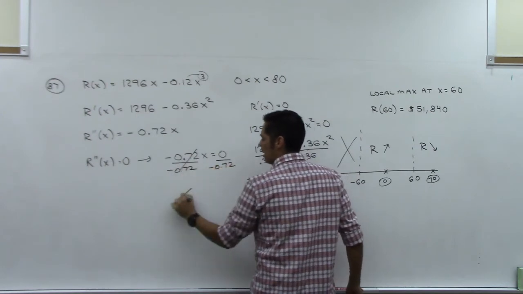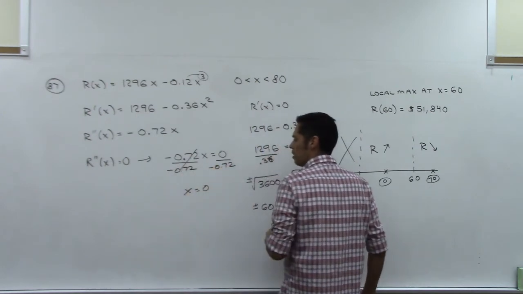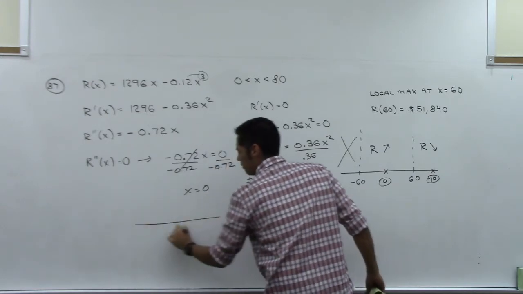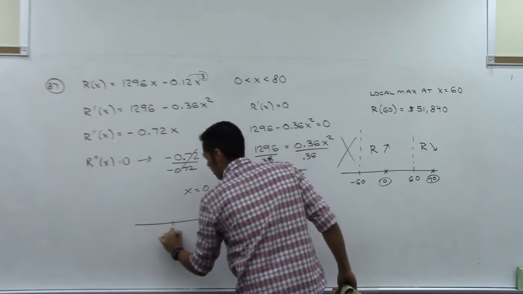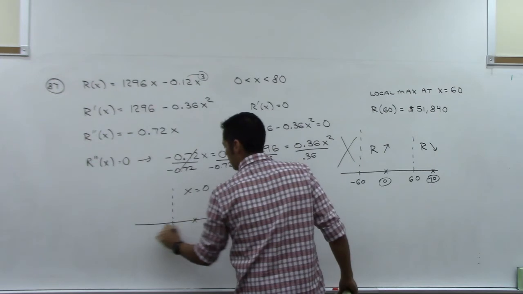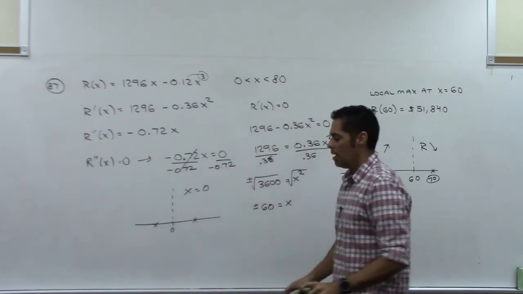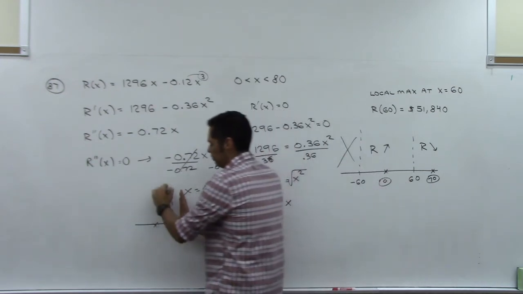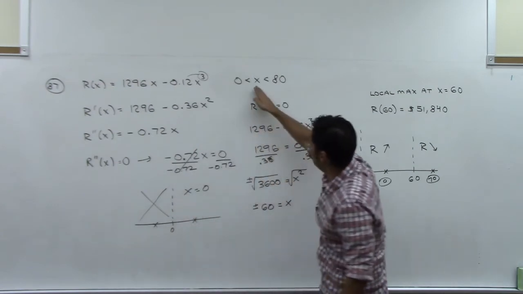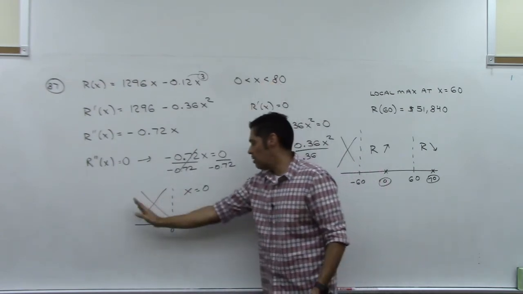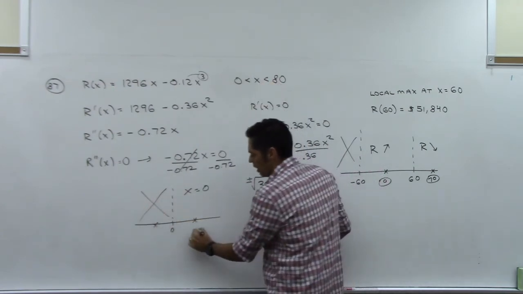And this goes away, I get x equals 0. So I only have one critical number here. It's going to happen at 0. And so I'm supposed to pick test points here and here. Again, I'm not going to look over here because my x has to be bigger than 0. So no need to look over there. So I just pick a test point here like 1.